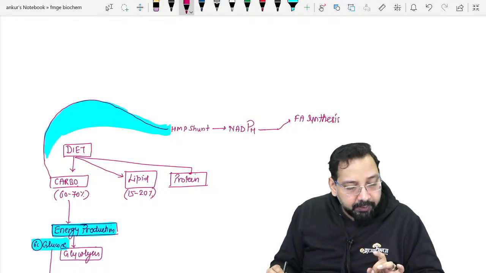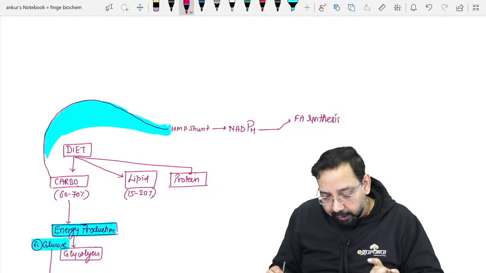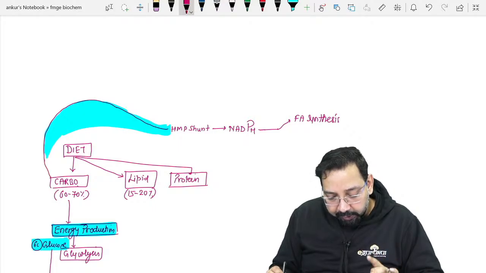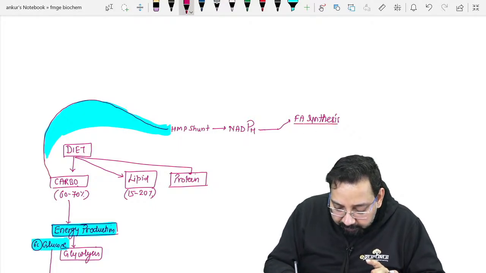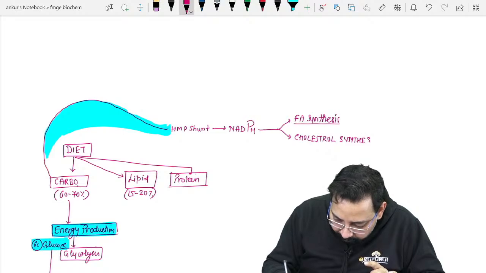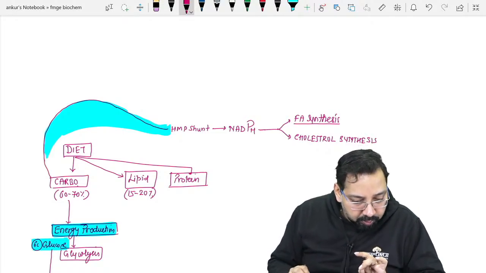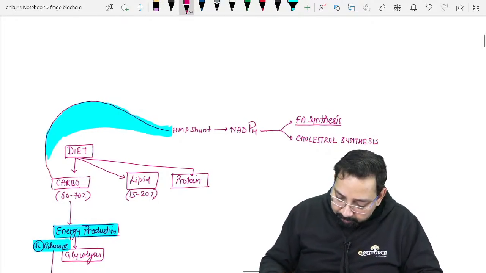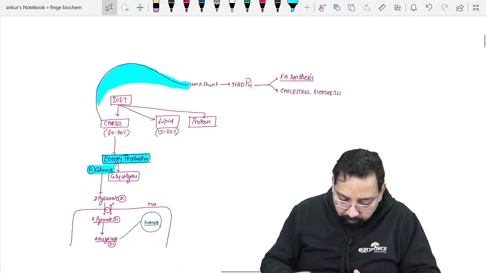When I discuss fatty acid synthesis, I will tell you that. NADPH is used in cholesterol synthesis. Okay, so this is the flow chart.